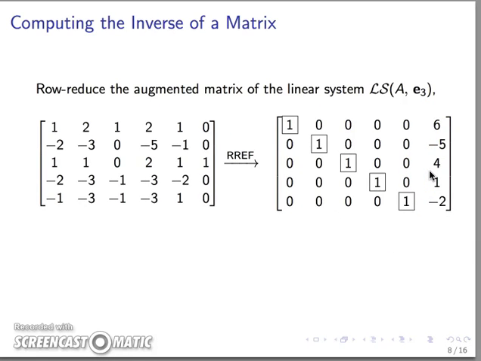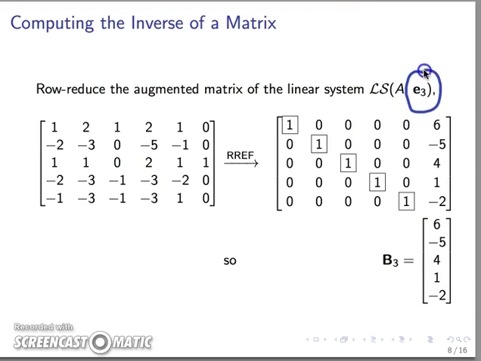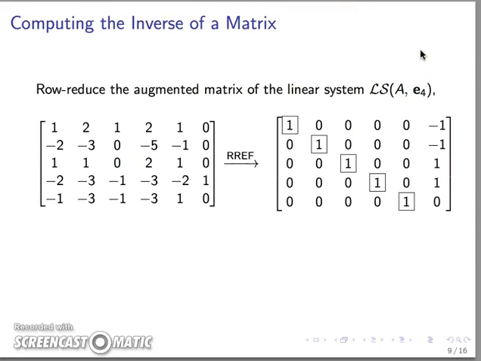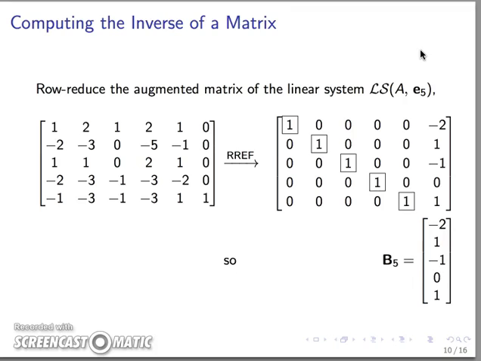So we can repeat this sequentially. For B3 we use the vector E sub 3 and obtain B3 in this way, then for B4 use the vector E4 and do the same, and using the vector E5 that would lead to the calculation of the vector B5.